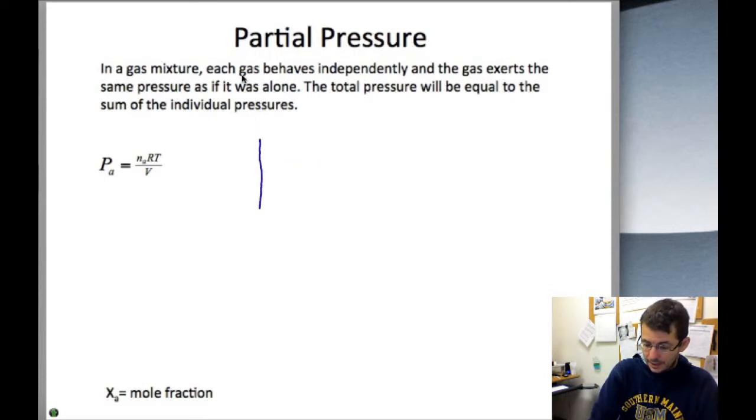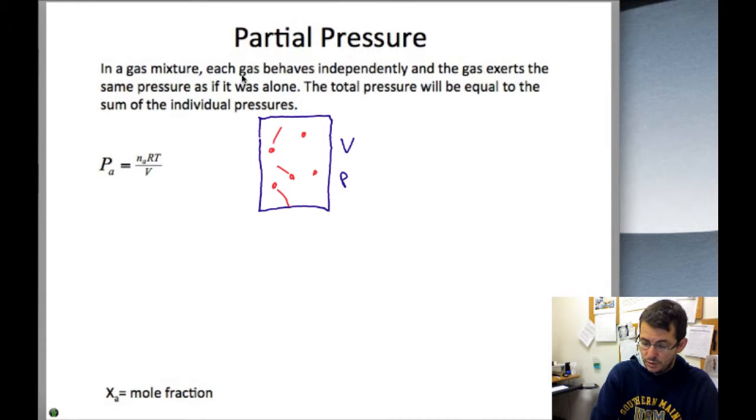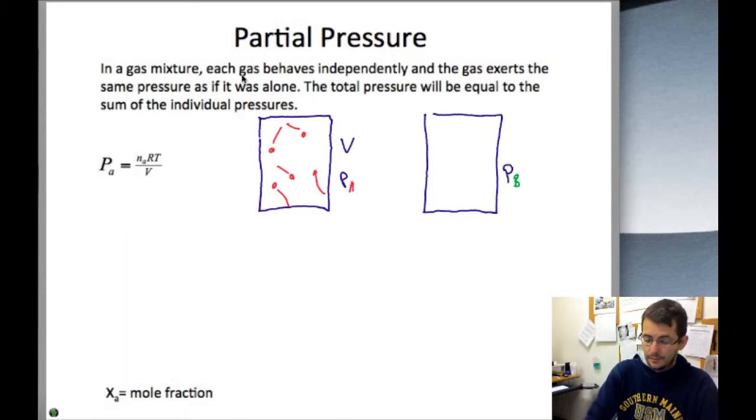So we have a container of gas that has a certain volume, a certain pressure of gas, and the gas molecules are zipping around in there. Then you have another volume of gas, same size container, at a different pressure, and those molecules are also in a different container.